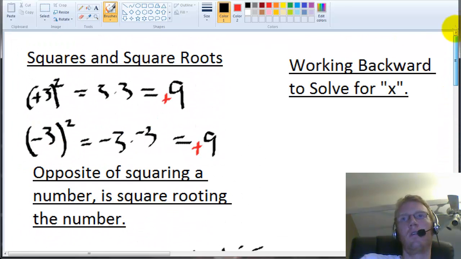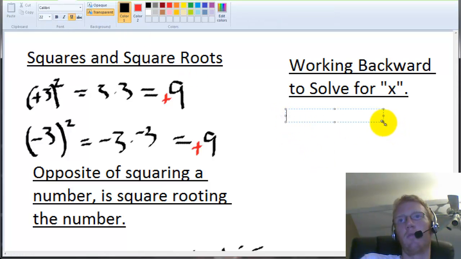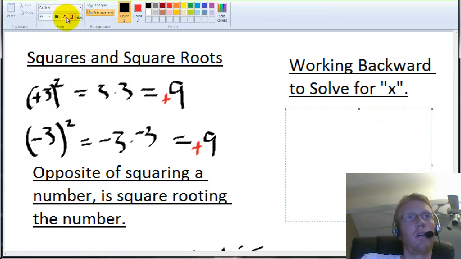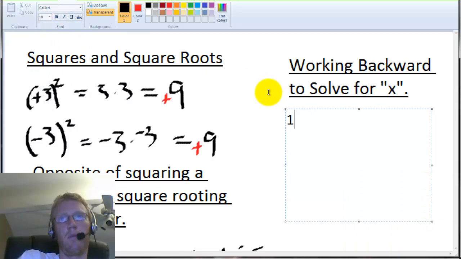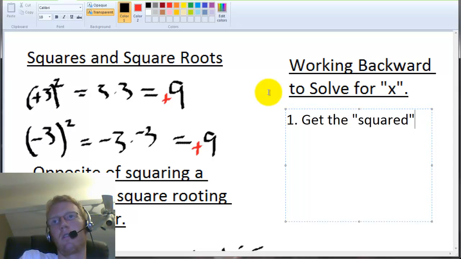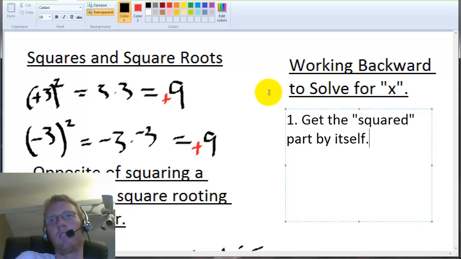Alright, so working backwards to solve for x. Just like we did before, we're going to have a set of rules that we're trying to follow, and I'll write these in for you. Step 1, get the squared part by itself. In the previous one we were doing absolute values. The first step was to get the absolute value part by itself.